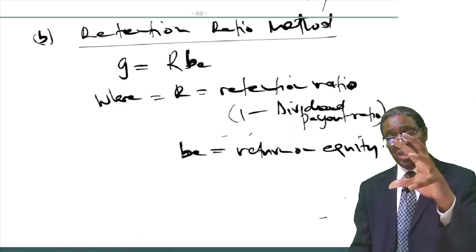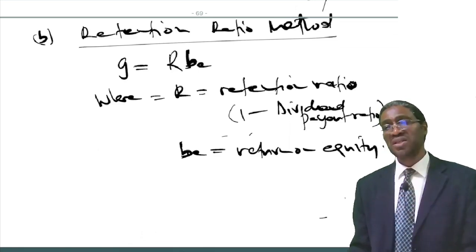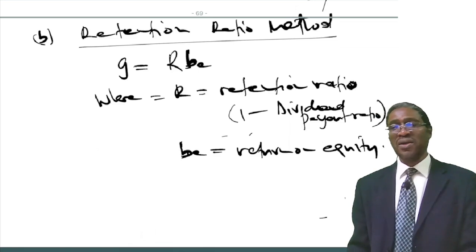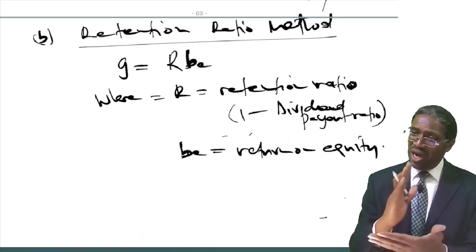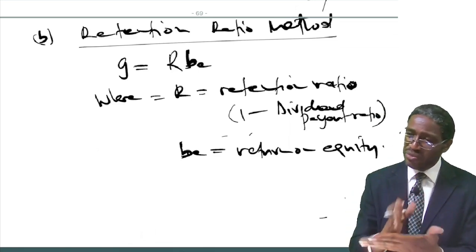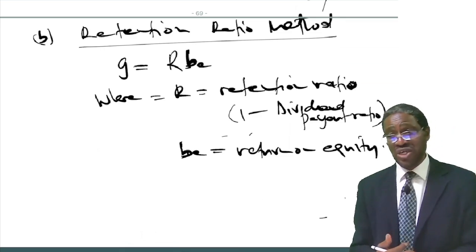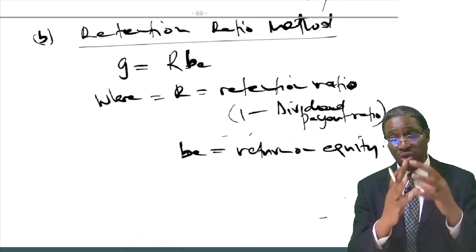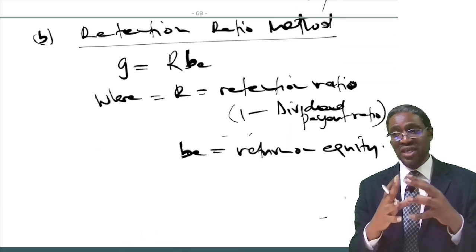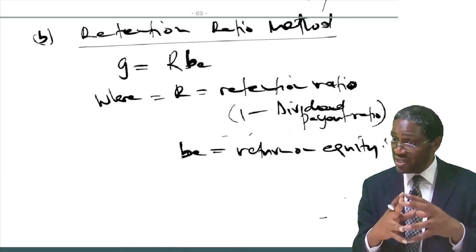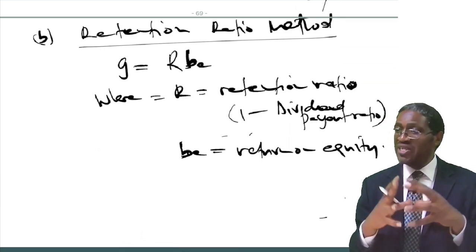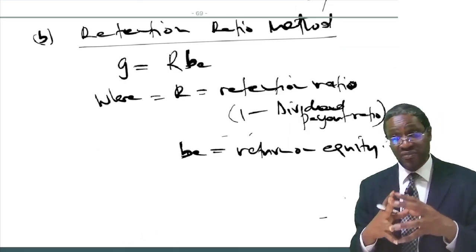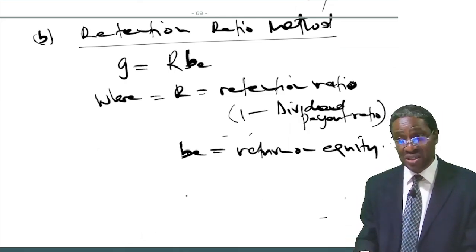Then we have also discussed how to determine the growth rate. We started by saying, how do you use the dividend price model? The dividend price model is used where there is no growth.